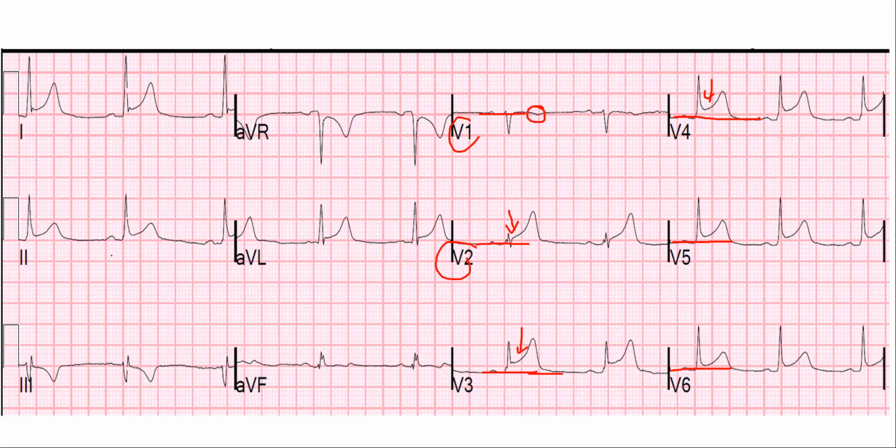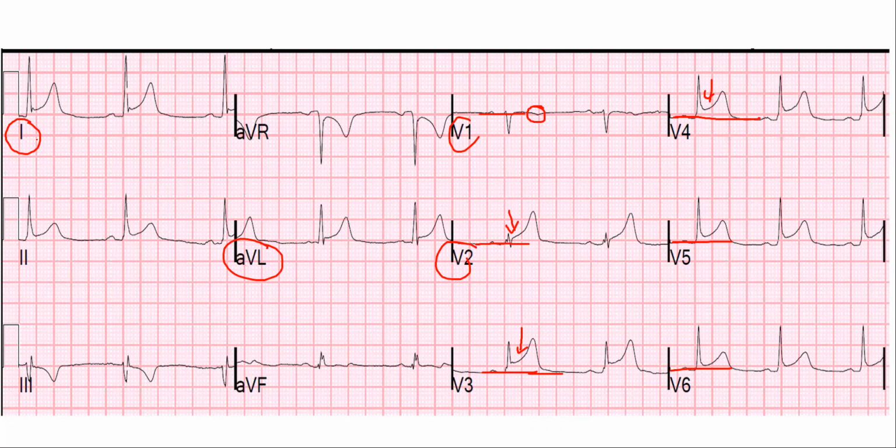Then after the chest leads, if you get ST elevation in the chest leads, immediately you look at the high lateral leads, which are lead 1 and aVL. Because many times you get anterolateral MI, which means ST elevation in the chest leads and also ST elevation in lead 1 and aVL, which we call anterolateral MI.